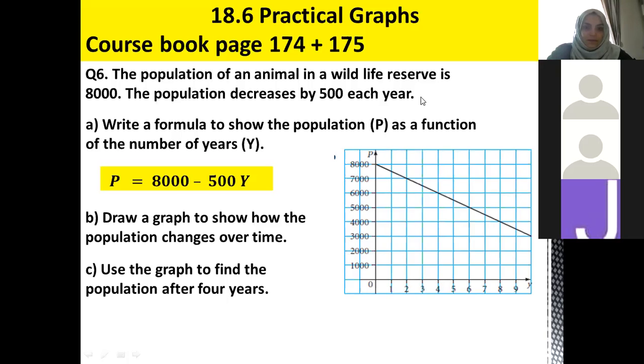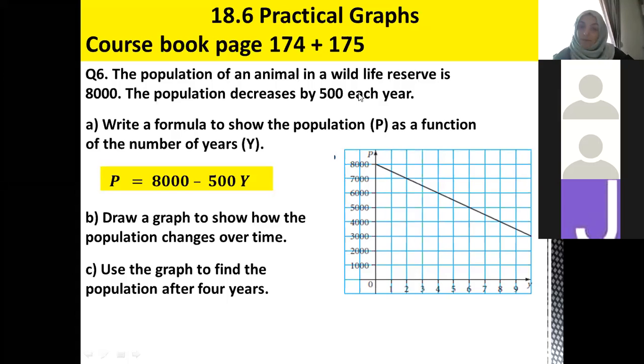Taha, Jawad, Farah, Selena, Sara. Come on, the other Selena. Ramadan, go ahead. Do you want me to do it by the graph or by the formula? Can I do the formula?